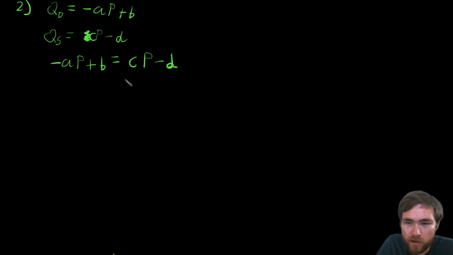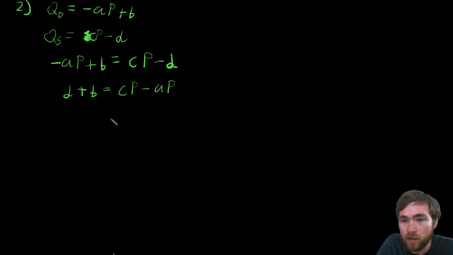So let's go ahead and do that. So we've got B is equal to CP minus AP, and we'll go ahead and add the D over. And that A should be positive.